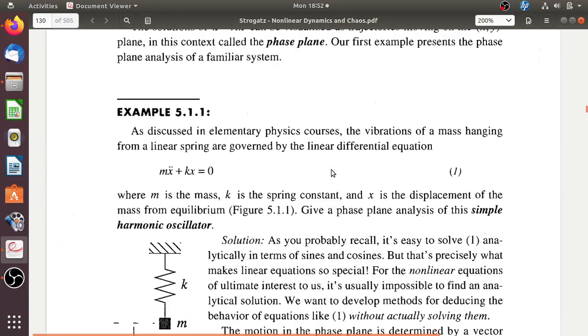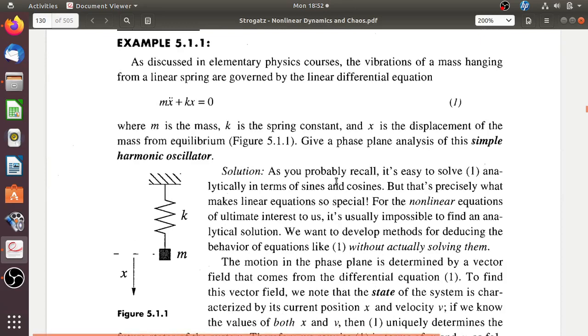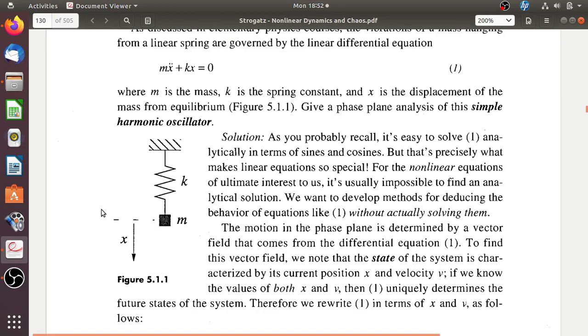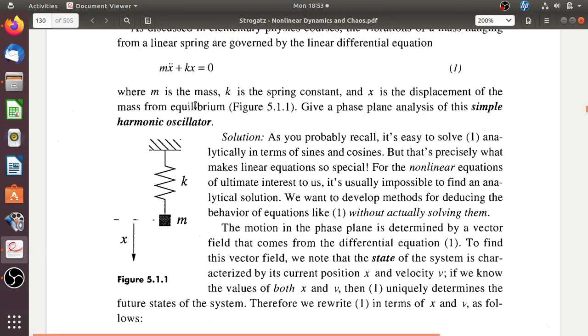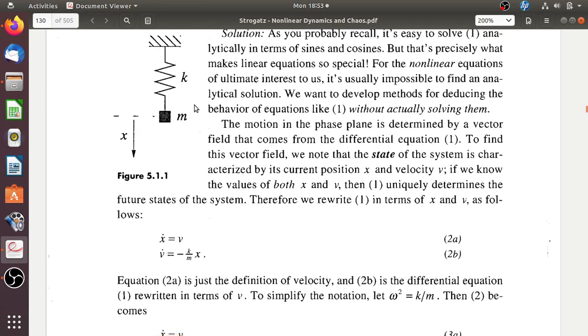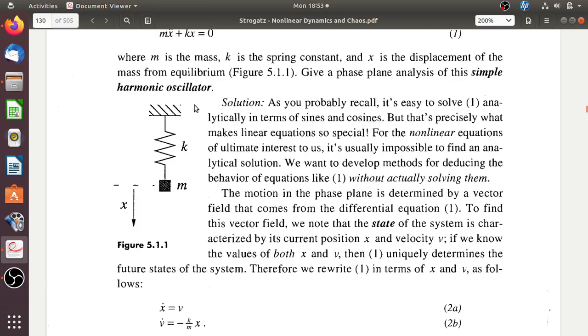We have already seen this one, but anyway, we'll see it once again. What I'm going to do is assume there are two independent variables, where one of the independent variables is x, the displacement, and the other independent variable is x dot, which means velocity.